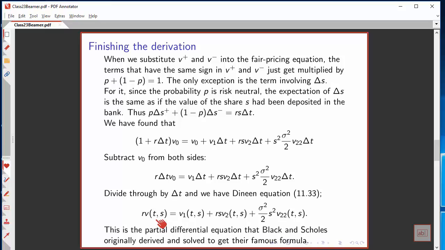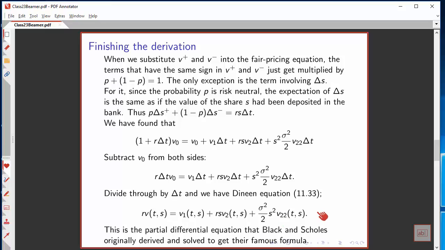R times the option price as a function of time and share price is equal to the first derivative of that quantity with respect to time plus Rs times the partial derivative with respect to the share price plus sigma squared over 2 times the square of the share price times the second partial derivative of the option price with respect to the share price.